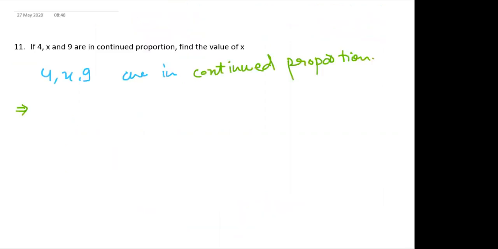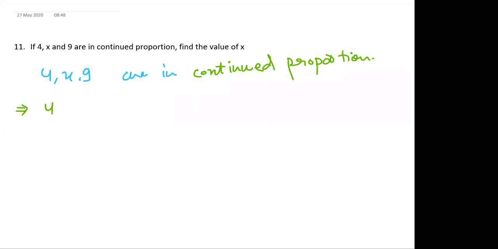Okay, so now the relation you will write is for question 11. If three numbers are in continued proportion, then how do we write it? Rukaiya has written correctly.